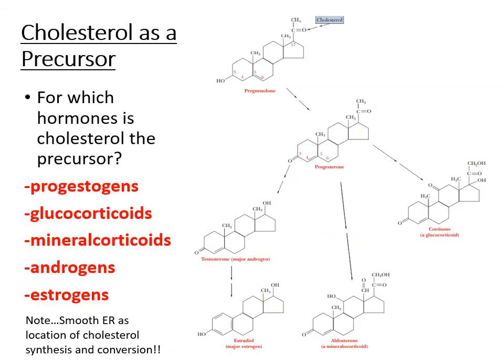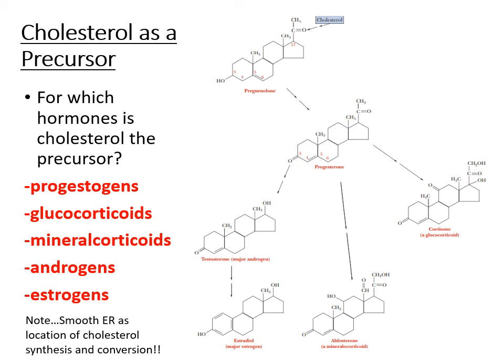Now, as I mentioned in the previous slide, cholesterol is a precursor for a lot of different steroids, and these are very important hormones in your body. And the 5 major classes of steroid hormones that cholesterol is the precursor of are the progestogens, the glucocorticoids, the mineralocorticoids, androgens, and estrogens.